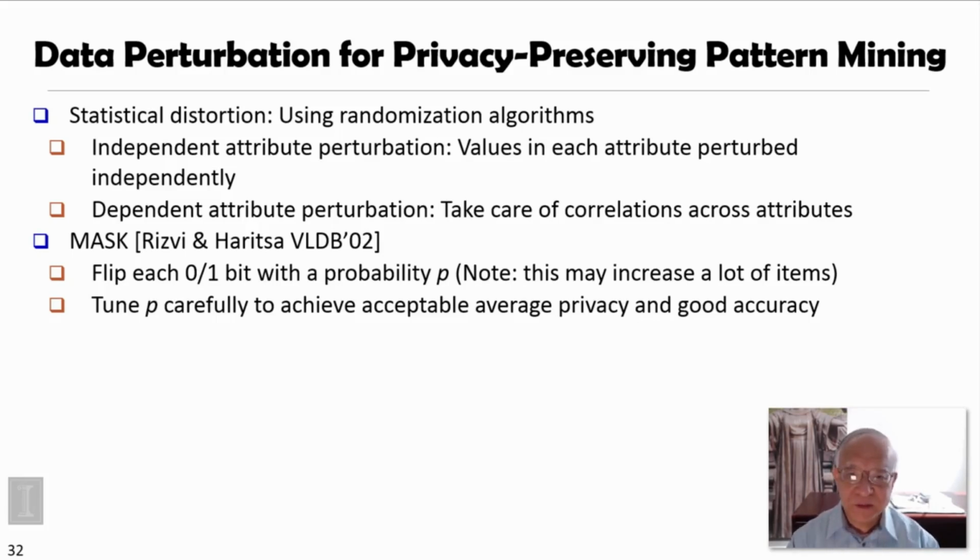But because the majority of entries are zeros, you may turn many things into 1 with certain probability, and that may increase the number of items in each transaction quite a lot and make your database really big. Even if you can find patterns, it could be substantially slow. There are studies on how to ensure both efficiency and accuracy.